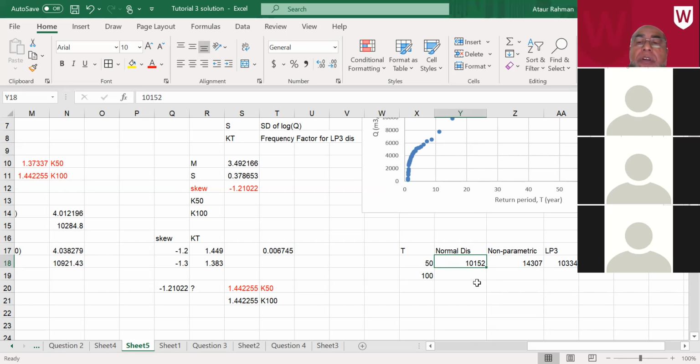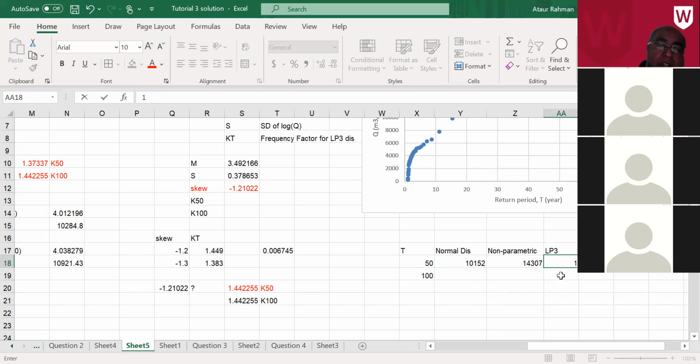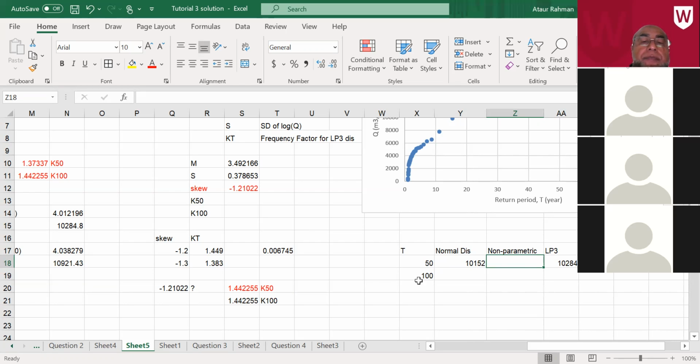For LP3, I think it's 10,284. 10,284, that's good. And what are the non-parametric values for Q50 according to the latest equation that I gave? I think nobody wrote it down, is that right? I can find it from there.